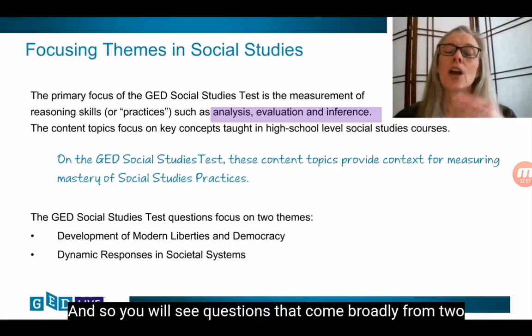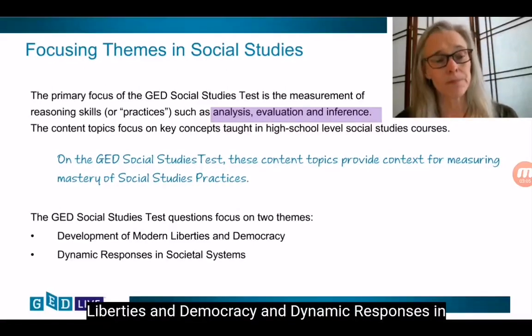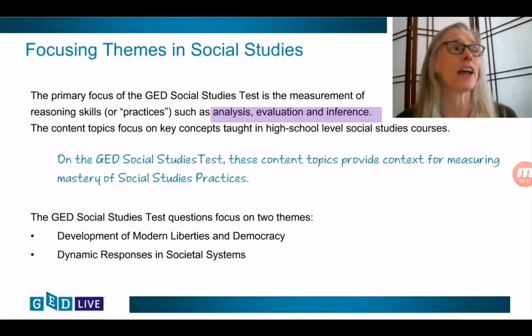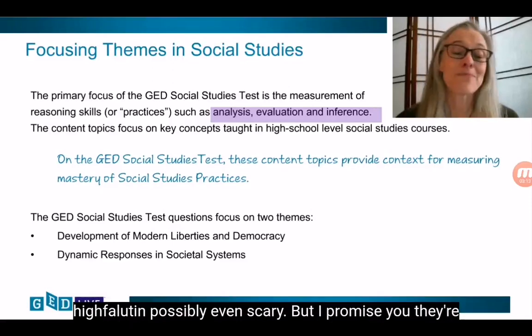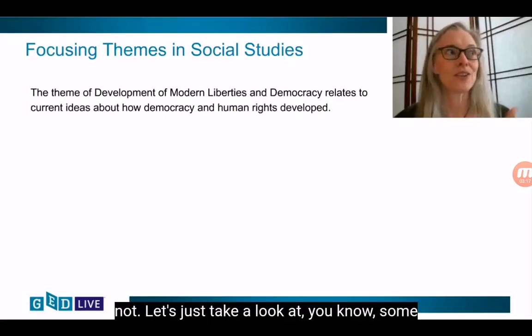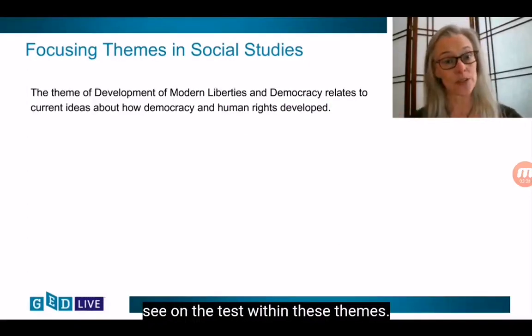And so you will see questions that come broadly from two areas, right? Two different themes: development of modern liberty and democracy, and dynamic responses in societal systems. And they sound very kind of highfalutin, possibly even scary, but I promise you they're not. Let's just take a look at some of the examples of the types of things that you might see on the test within these themes.